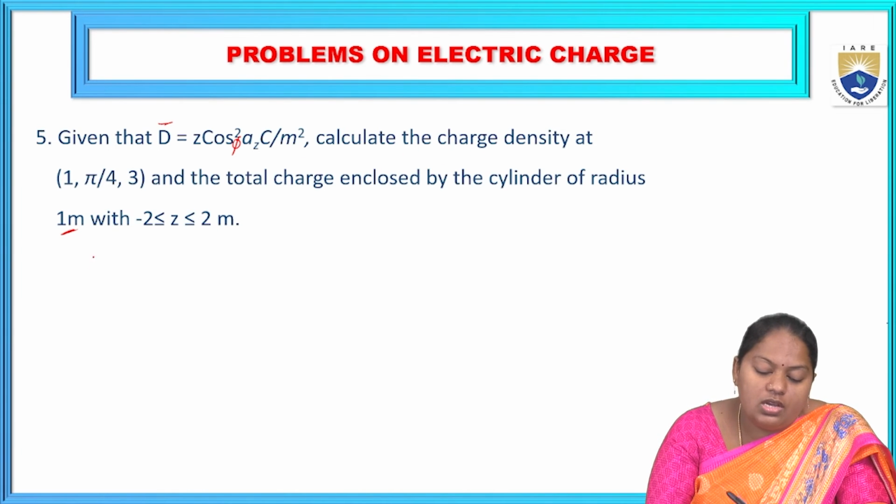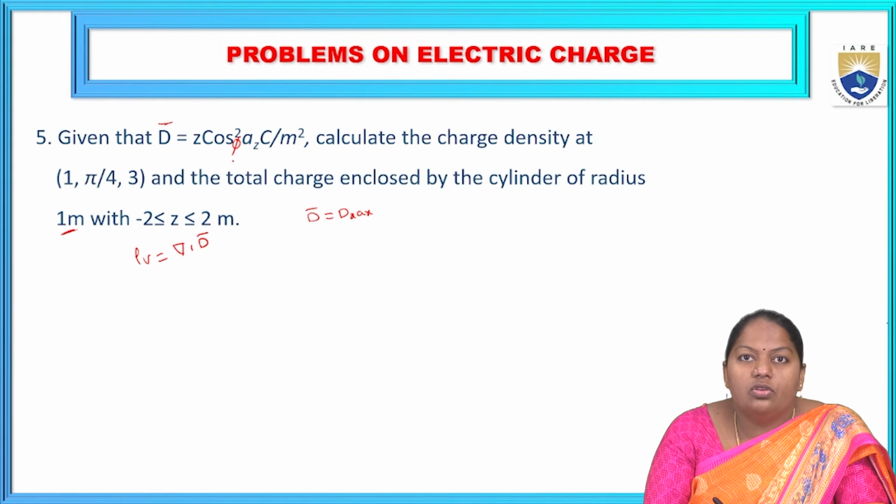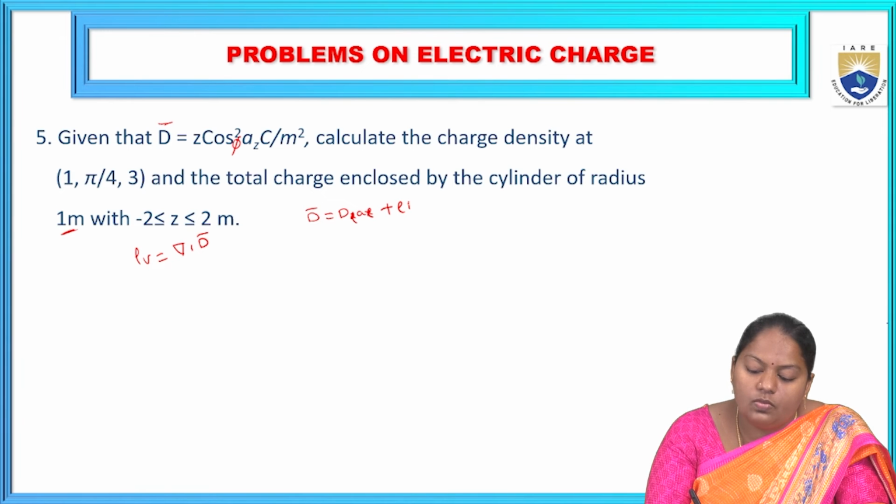The relation between charge density and the electric flux density D is given by rho v equal to del dot D bar. As we know, vector D bar can be written in terms of rho, phi, z components as D rho a rho plus D phi a phi plus Dz az, the general vector form.